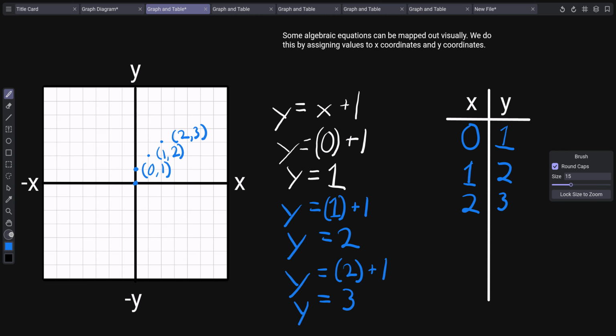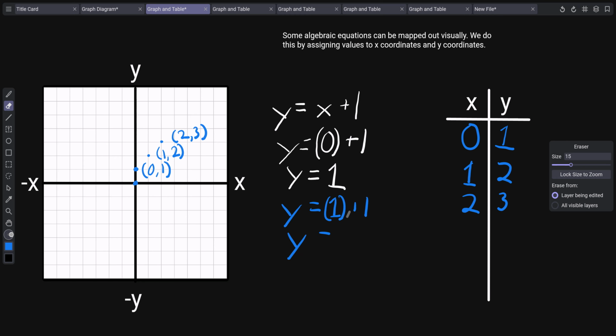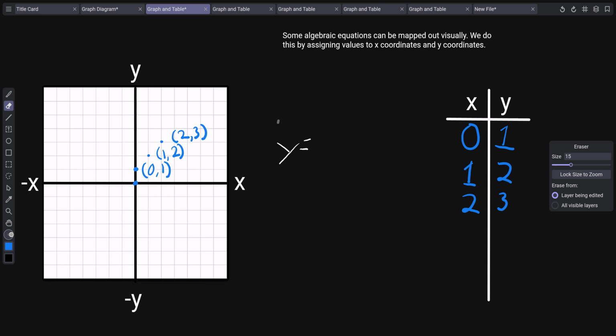And we can do something else, too. We can also use negative numbers, and that can get a little tricky, but we'll take it slow. So I'll erase everything I have here so far, just to clean up a bit. And then we take the same equation, so it would be y equals x plus 1.